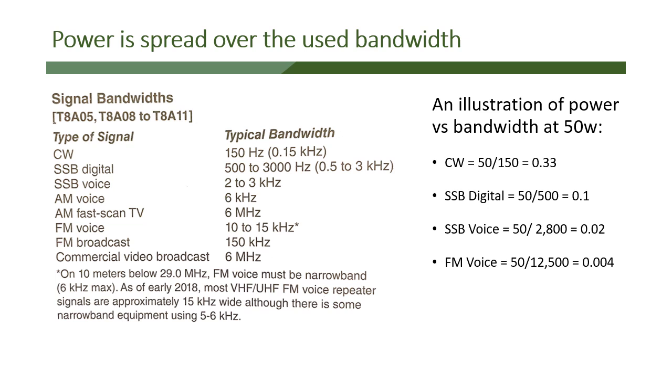If we divide that 50 watts across 2,800 hertz for an SSB voice, we get a ratio of 0.02. So if I wanted the voice to go as far as the Morse code, I would literally have to raise the energy level by somewhere over 10 times to get the equivalent power density to CW.